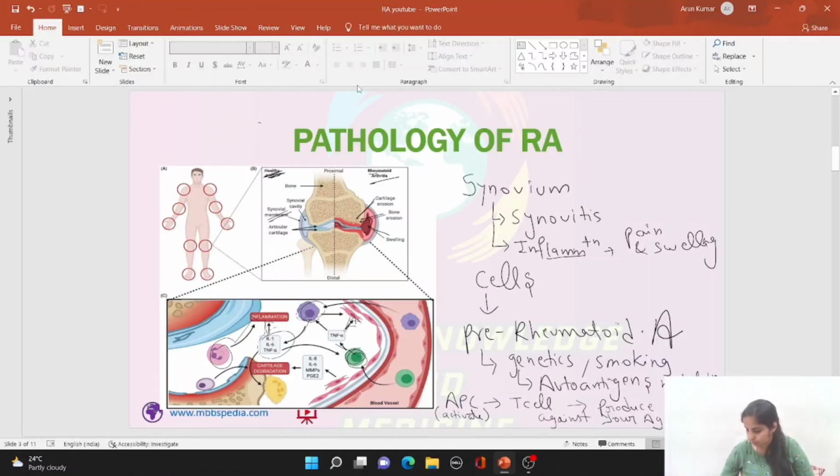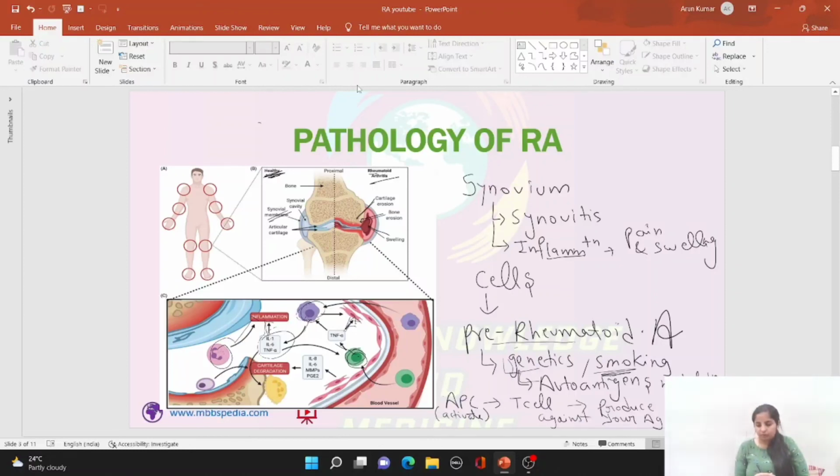Furthermore, after the inflammation and erosion, you might be wondering where all these cytokines or cells come from. So basically, there is a pre-rheumatoid arthritis phase, and in this phase, due to the genetics role or smoking, these causes will lead to the production of autoantigens modification, which is modification of your own antigens.